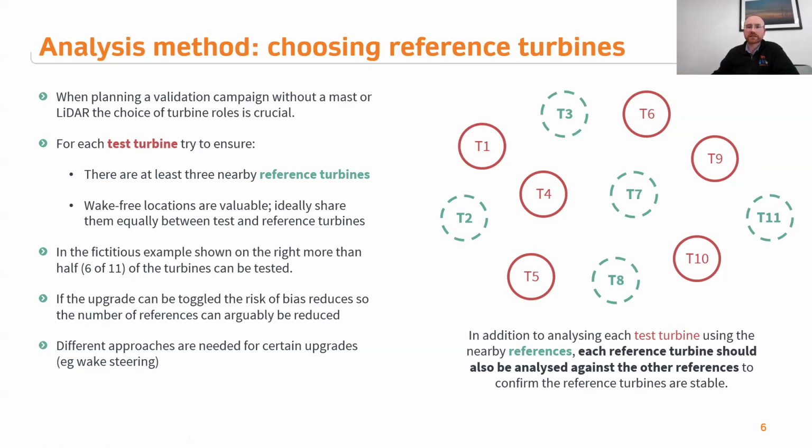So in that case, the number of references can arguably be reduced as well. And more concerns are present for things like wake steering, where you're really concerned about the wake interactions between turbines. So I would say this sort of approach is probably good for a pitch angle or vortex generator upgrade, but things like wake steering need more thought.